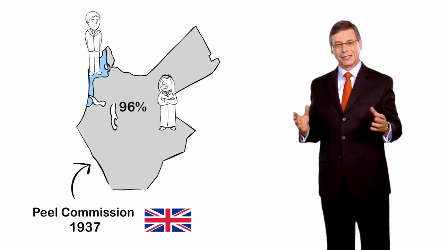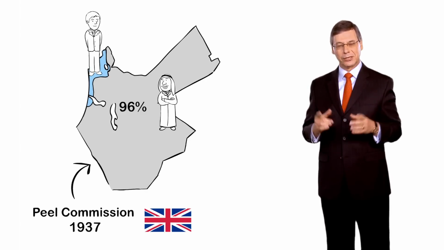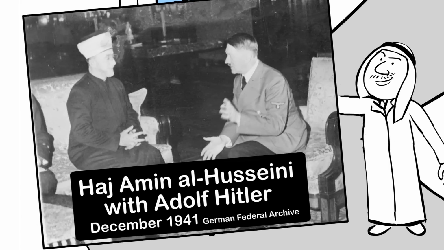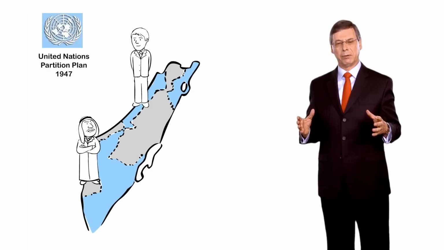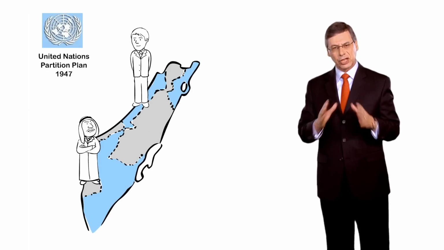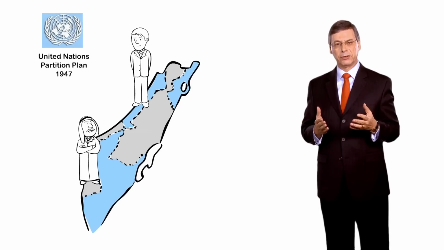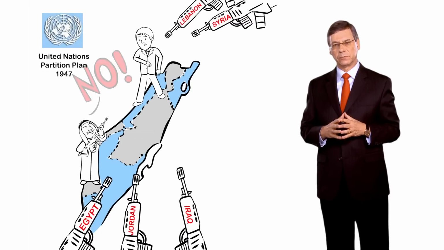However, instead of accepting the Jews as peace partners, the Palestinian leader Haj Amin al-Husseini said no and found a partner whose vision was closer to his own. In 1947, the United Nations recommended the Partition Plan, which again offered the Arabs far more than just the West Bank. The Jews said yes. The Arab leaders again said no and launched a war of extermination.